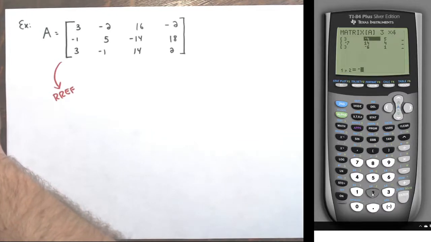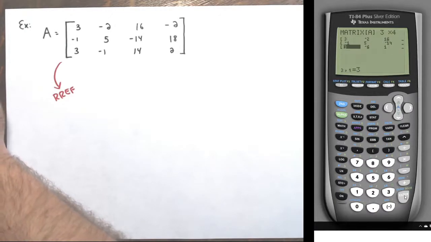First row 3, -2, 16, -2, -1, 5, -14, 18, and then the last row 3, -1, 14, and 2.